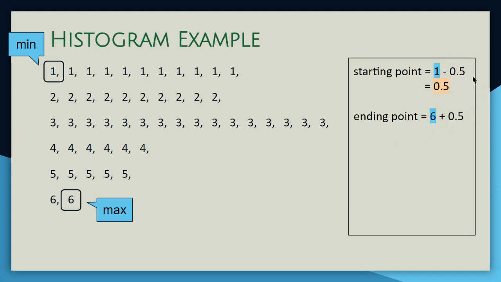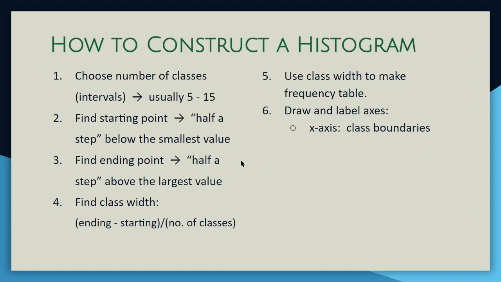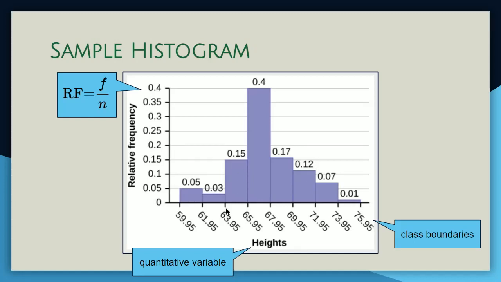The reason why we're adding and subtracting 0.5, shifting our start and end point, is we're trying to prevent our actual data values from falling on the edge of the boxes. That makes it harder to interpret. Let's go back really quick to our sample histogram. In this picture, this first bar actually represents data values between most likely 60 and 61.9.